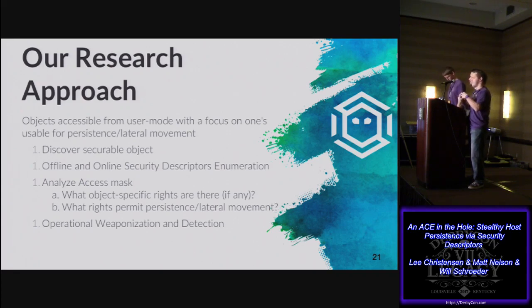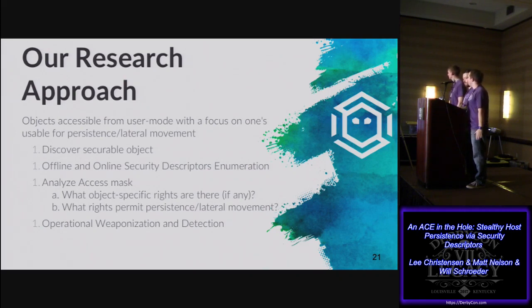When we say we're using security descriptors for persistence, we're changing security descriptors so that we can regain access to a host on a network. Usually this means that we already have access somewhere else in the network, and then we're regaining access to a machine we may have lost access to previously.